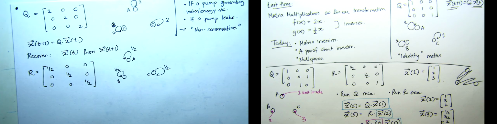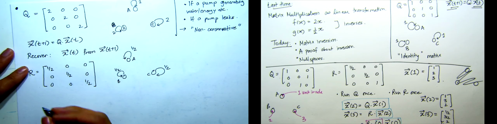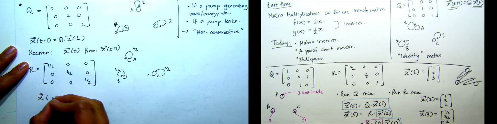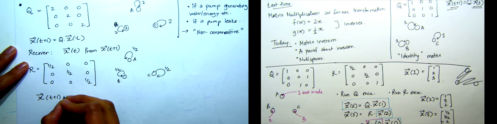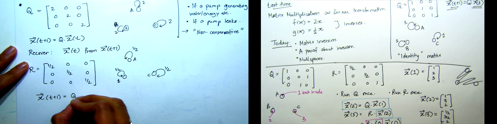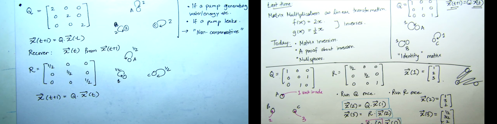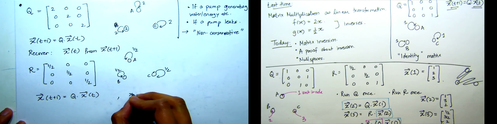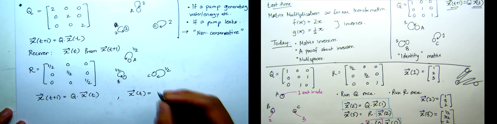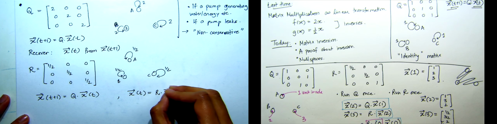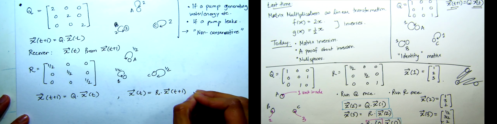And let's just verify that this is actually correct. So you have x of t plus 1 is equal to Q times x of t. And I have x of t is equal to, I claim, R times x of t plus 1.